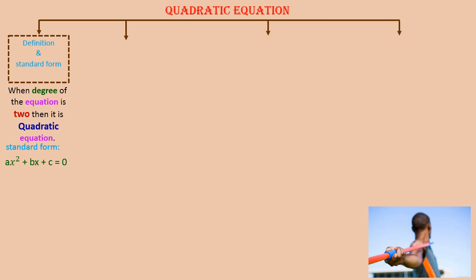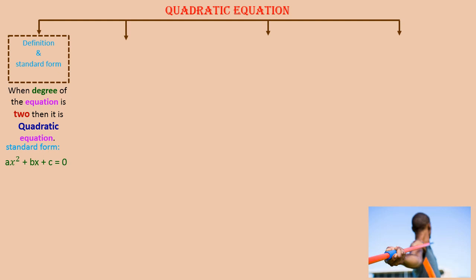Also, they may ask you to find the value of b square minus 4ac. Clear? For that, different quadratic equations will be given to you. They may ask you to convert them into standard form and find the values of a, b and c.